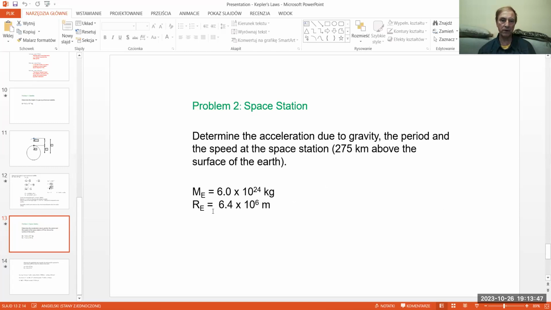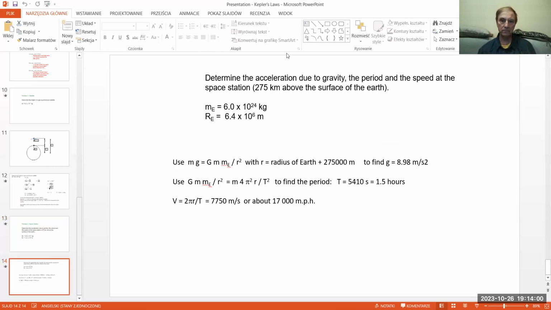We know the radius of the Earth, which is given over here, 6.4 times 10 to the 6 meters. The text is again over here, and our data given here.